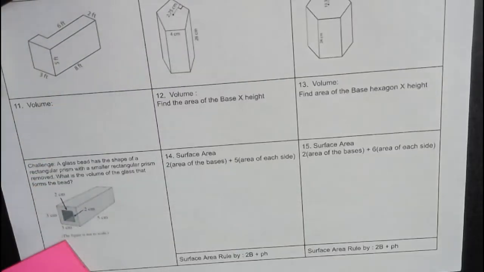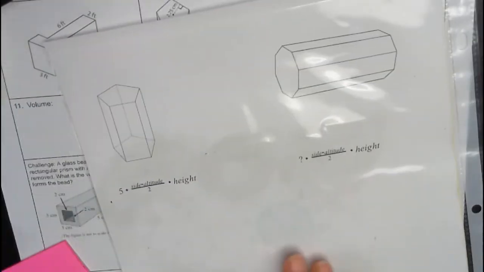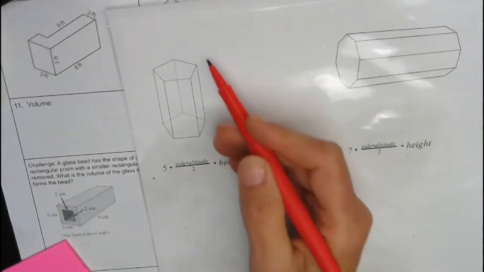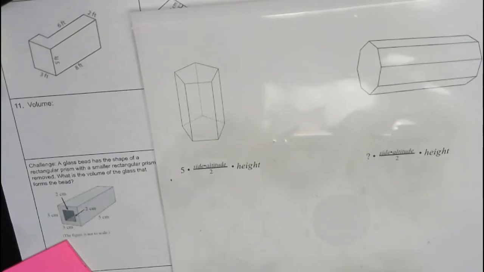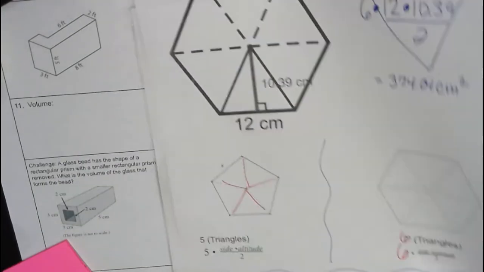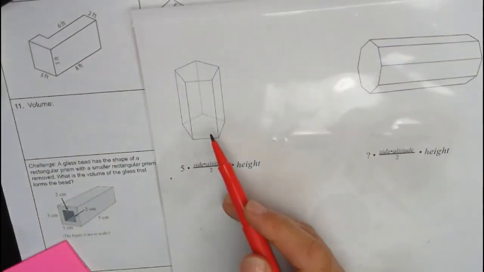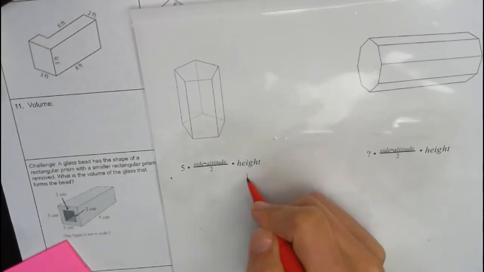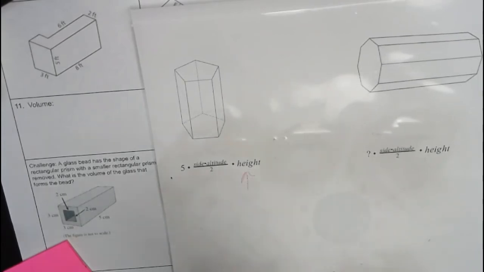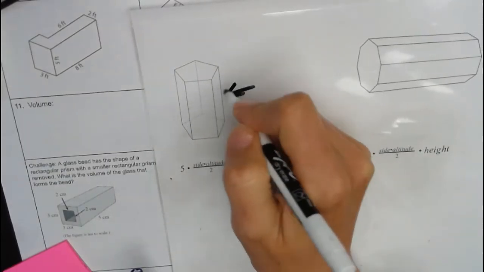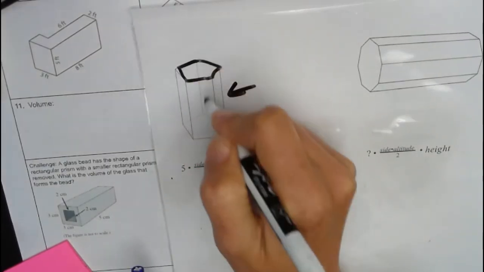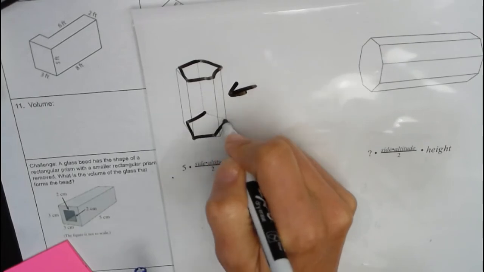When we up it to actually having a prism shape, a 3-dimensional shape, these were all flat 2D. This is now 3-dimensional. We just need to remember to multiply by the height. The height of these shapes is defined as the distance from pentagon to pentagon, the face that names the figure.